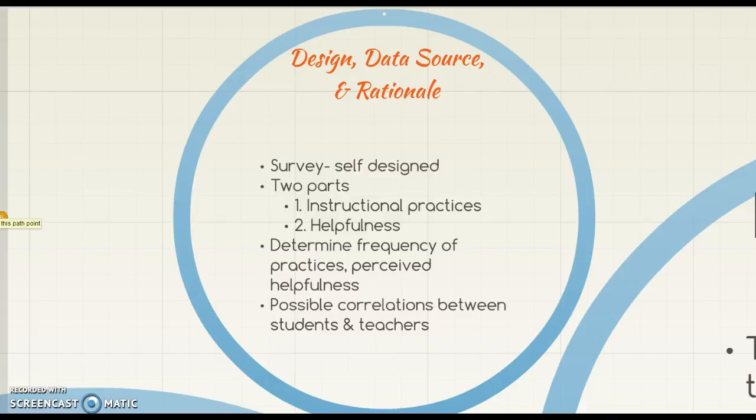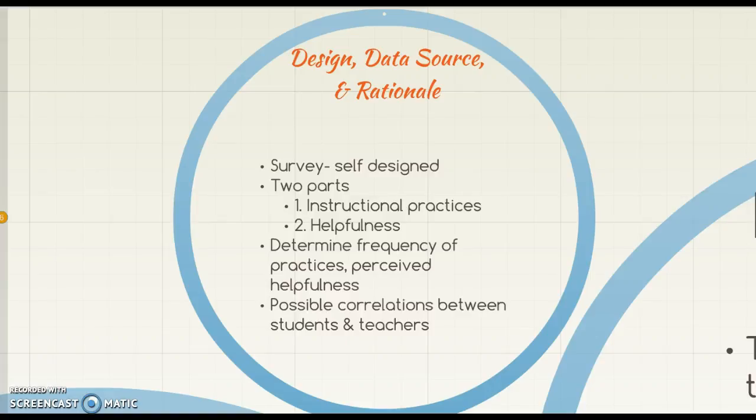To collect the data to answer the research questions, a self-designed survey was created. The survey had 3 parts. 2 parts were used for this study. The first part asked students and teachers to rate the frequency of use of certain instructional practices. Those were the instructional practices that came from the literature review. This part consisted of 10 questions, each question with 5 ratings.